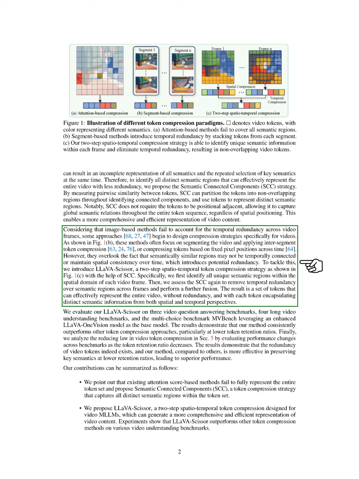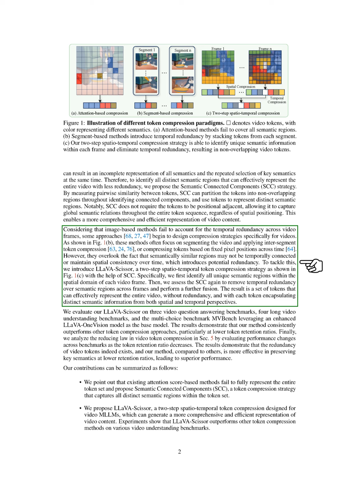Recognizing that image-based methods do not account for temporal redundancy in video frames, some strategies have started to focus on video-specific compression. These often segment the video and compress tokens either between segments or based on fixed pixel positions over time. However, they fail to consider that semantically similar regions might not be temporally connected, leading to redundancy.